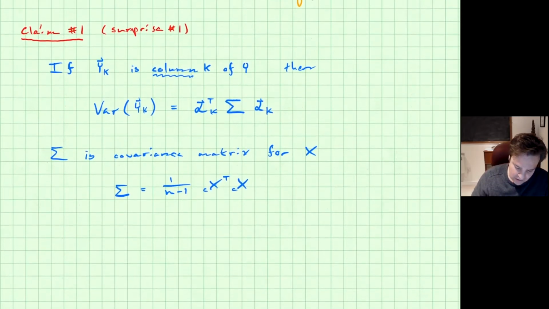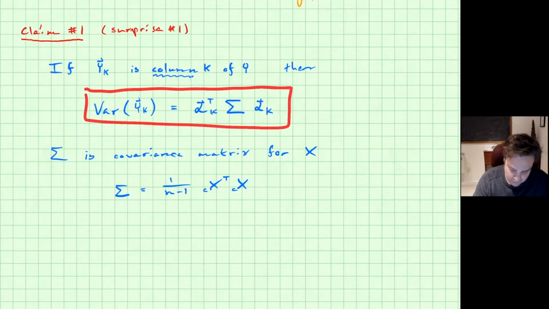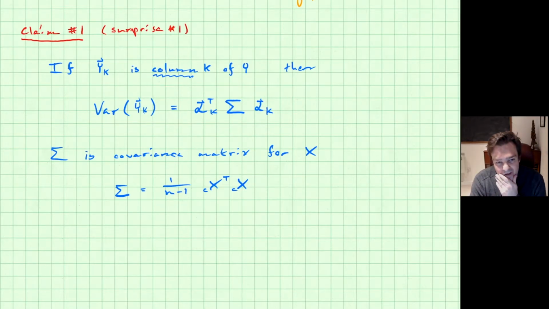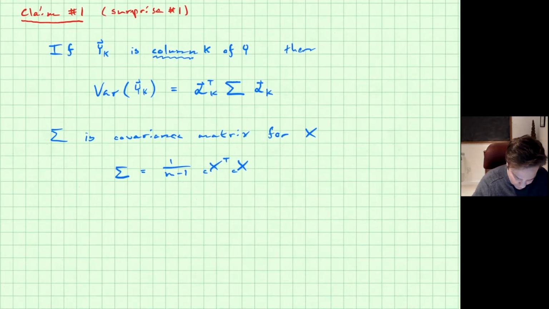This is an important result because we use the variance as our guide for which directions to put these principal components in, ranked in order of most variation. Being able to express that variation in a simple way is important. So let's see how you prove this. It's relatively easy.